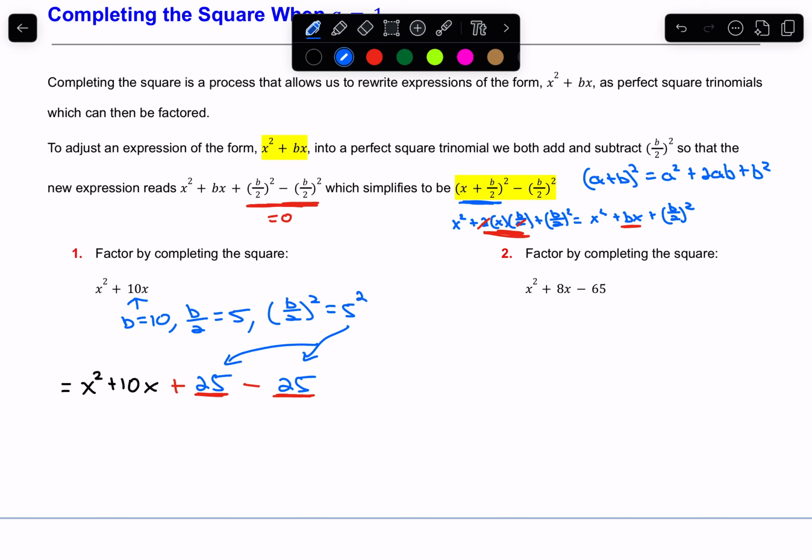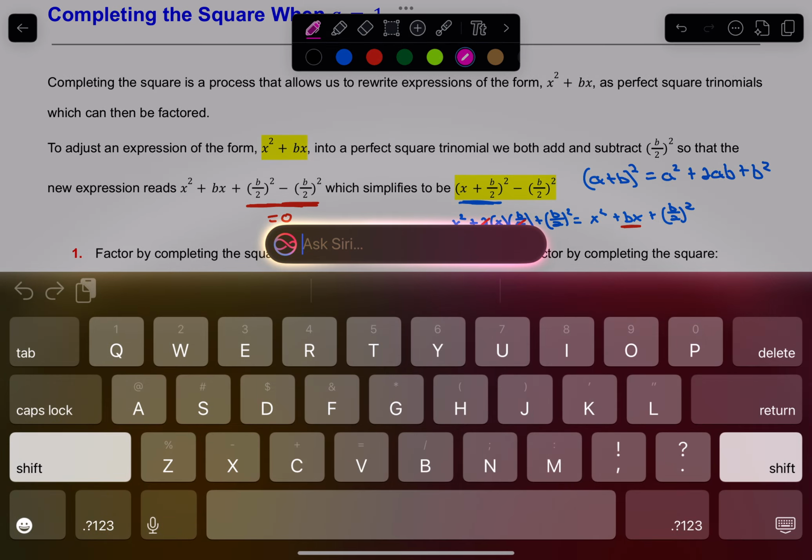All right, so now all we have to do is factor the first three terms. But you should never have to think about how they factor because they're always going to factor to x plus b over 2, the whole thing squared. So in this case, that's x plus 5 squared, and then minus 25 in the back. So real quick, what happened? If we imagine parentheses around these first three terms, they factor to be x plus 5 squared because that is a perfect square trinomial.